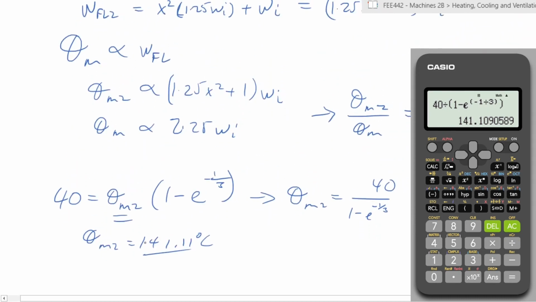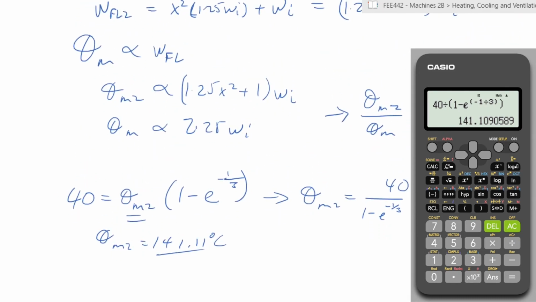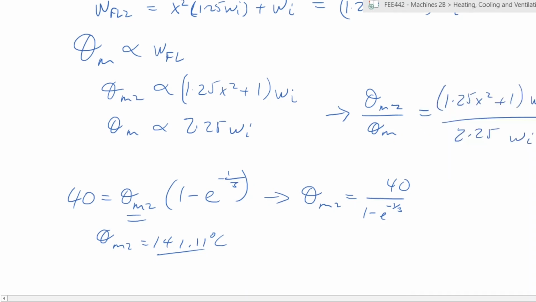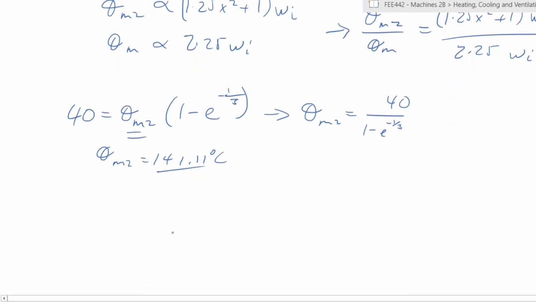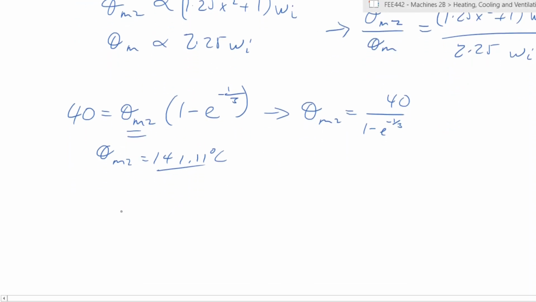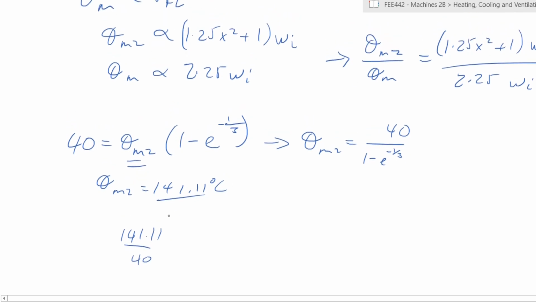So now if we go back to our equation, let me remove the calculator. So if we go back to our equation, we said that theta m2, which is 141.11 over theta m 40, will be equal to 1.25 x squared plus 1 over 2.25.